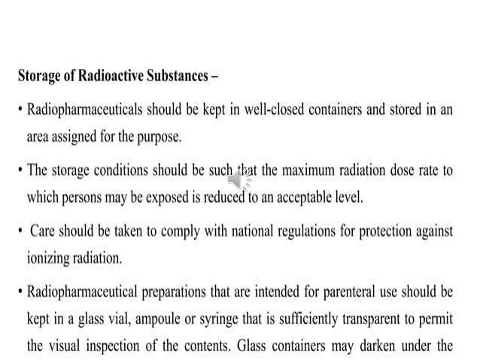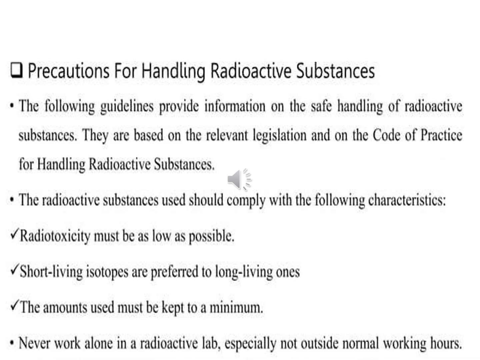Radiopharmaceutical preparations intended for parenteral use should be kept in a glass vial, ampule or syringe that is sufficiently transparent to permit visible inspection of the contents. Glass containers may darken under the effect of radiations.